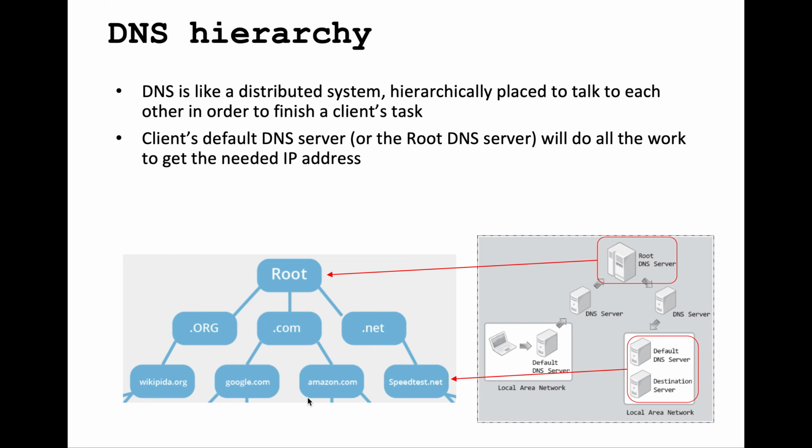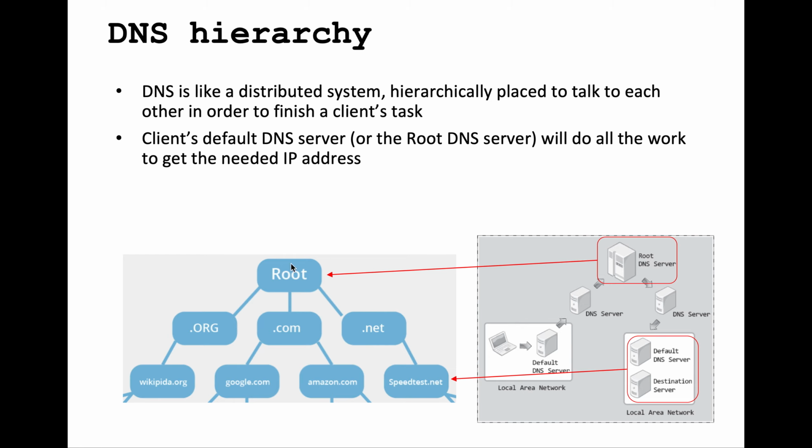Like this, on the left side, in the image, you can see how the domain name system servers are placed as a distributed system in a hierarchical order, like Wikipedia or .org being a part of the org domain name system, and that being part of the root.